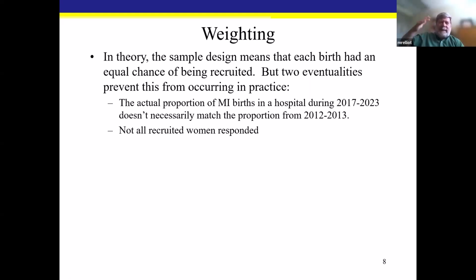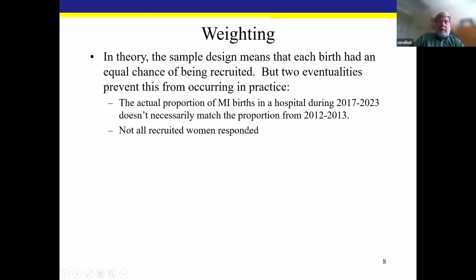So we want to weight down by 1/2 those women from the University of Michigan. I'm sorry, we'd want to double the weights of the women from the University of Michigan. Conversely, if there are some hospitals that shrank over the time period, then we want to weight them down. So that's one issue.